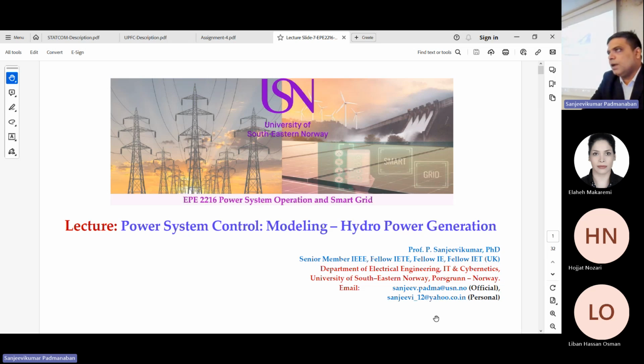The model is the same. The concept is the same. Only the turbine is going to change. If you use a wind turbine, it's wind. If you use hydro, it's going to be fluid. If you use coal, it's going to be a steam turbine. That's the only difference. Other aspects of power system modeling are the same.